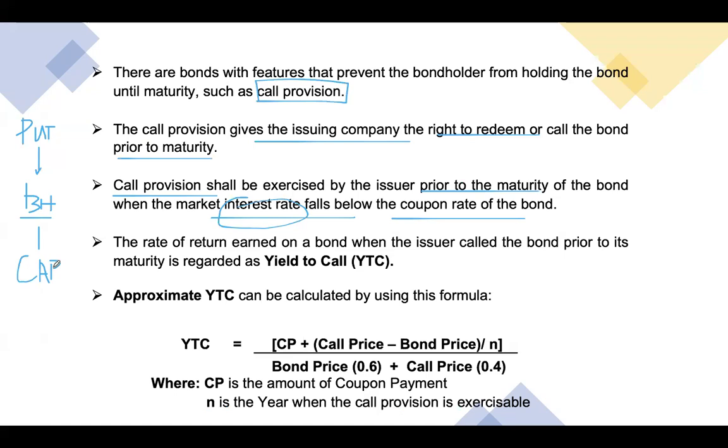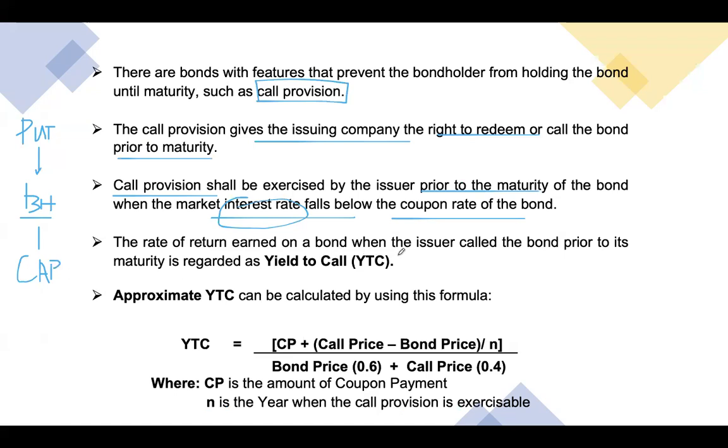If the call price is lower than the bond price, we have to expect the issuer to redeem the bond. While if the call price is higher than the bond price, we should not expect a redemption because it is disadvantageous on the part of the issuer.